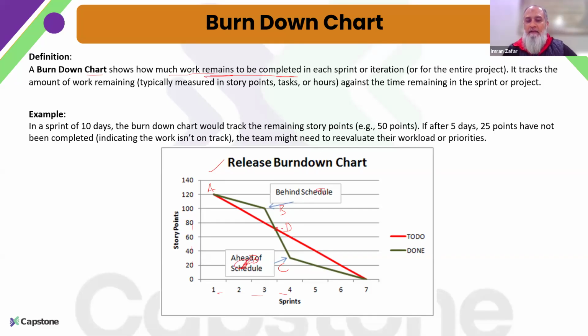They ask you at which point the project is behind schedule. So you need to understand that this is the point where you are behind schedule. Or maybe they can ask you ahead of schedule, so then this will be your answer. So this is how a burn down chart can help us in tracking how much work remains to be completed after each sprint.